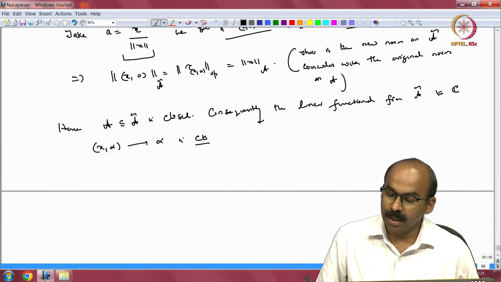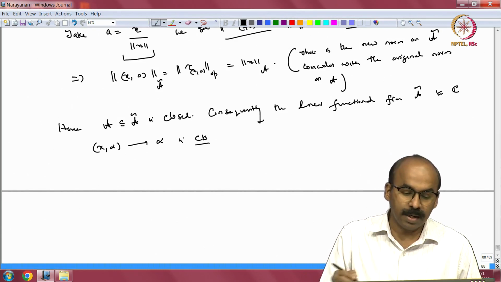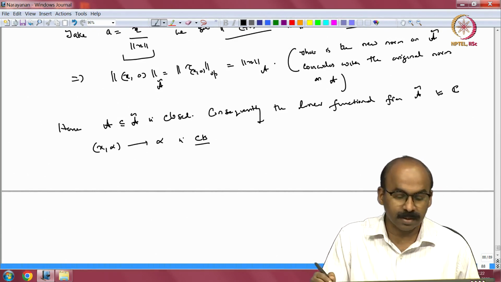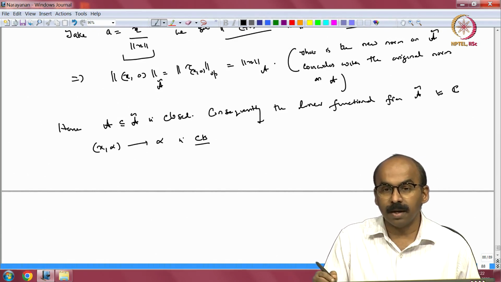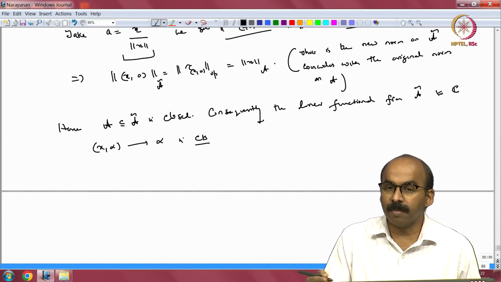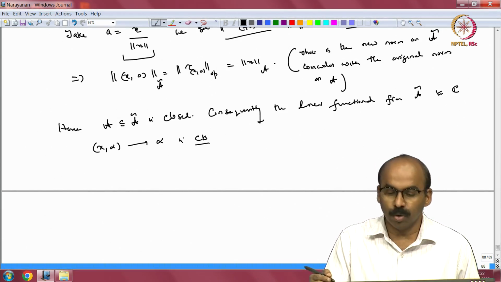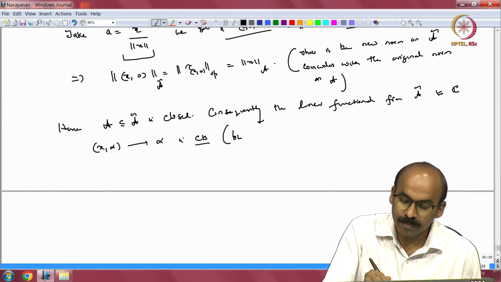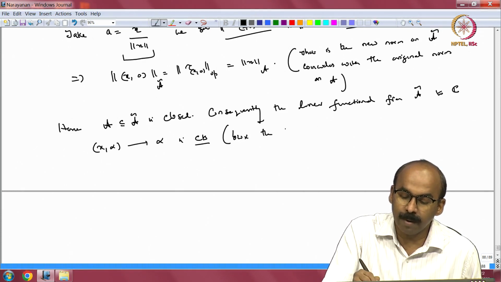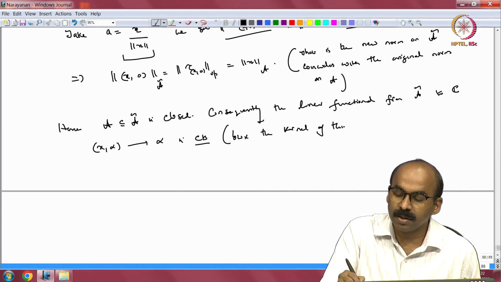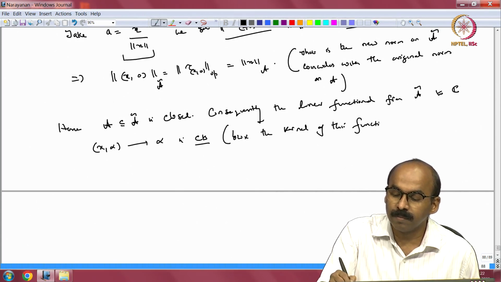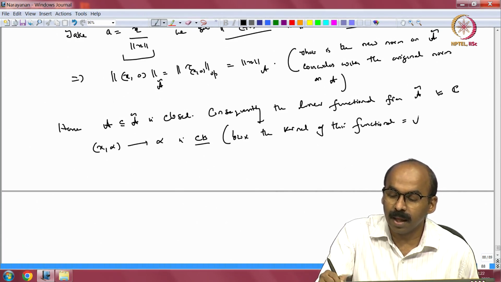Well, it is a linear map, which is trivial, because if I take (x, alpha) and (y, beta), then at the second coordinate I am getting alpha plus beta. And it is continuous because its kernel is A and the kernel is closed. So, the kernel of this functional equals A, which is closed.